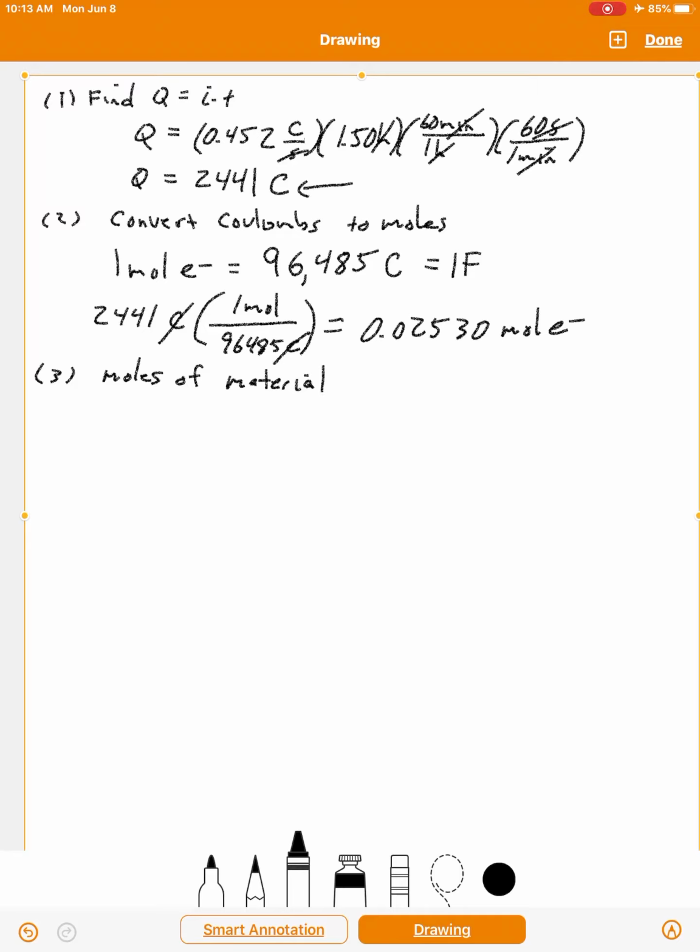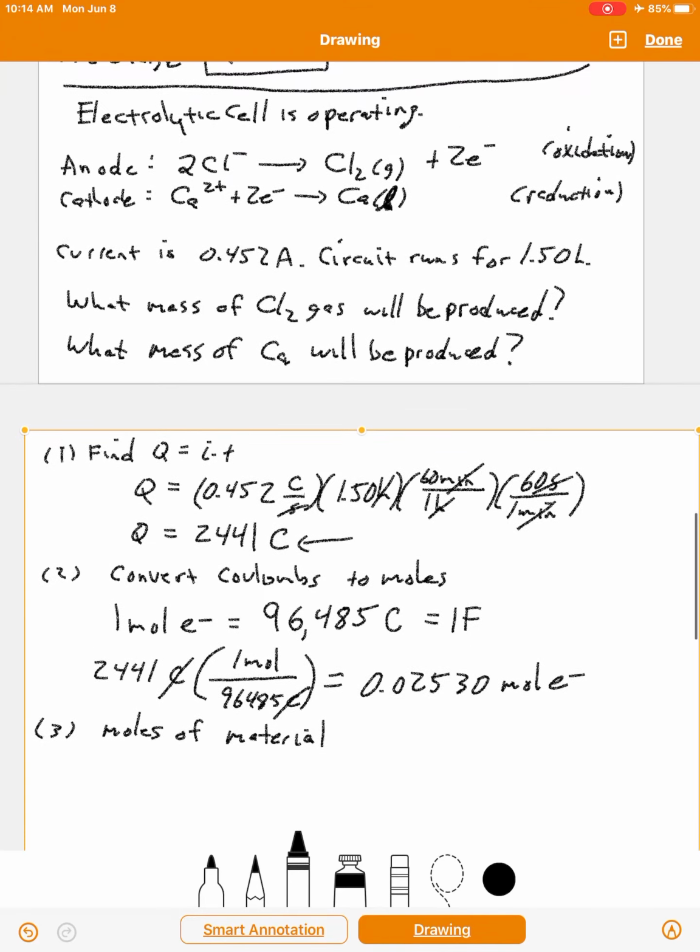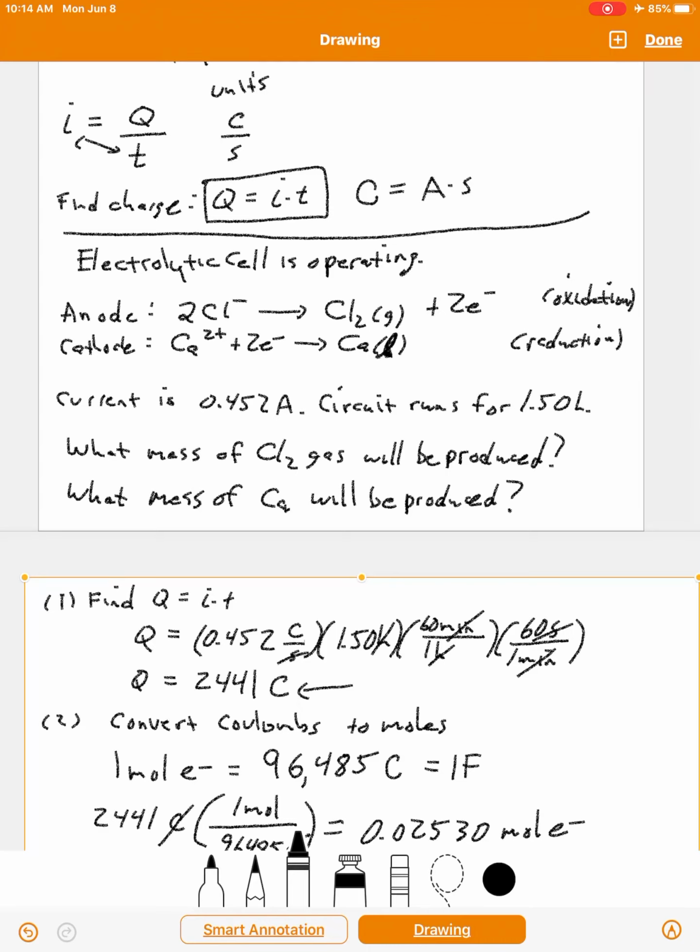Okay? Now, the third step is to find the moles of the material that we're looking for. We're not interested in how many electrons are in this reaction. We want to find out how much chlorine gas is produced and how many grams of calcium is produced. So here's what we're going to do. We're going to come back to the balanced equations. If you take a look here, every time 2 moles of electrons is used, it's 1 mole of chlorine, right?